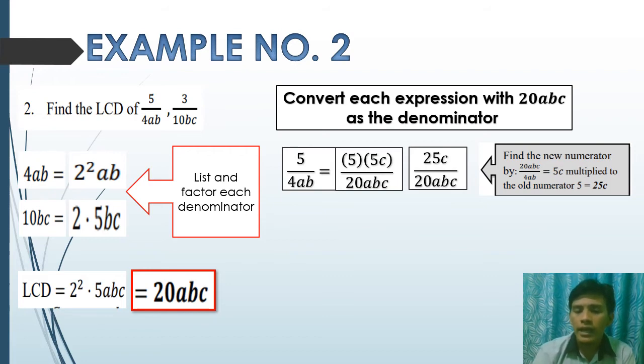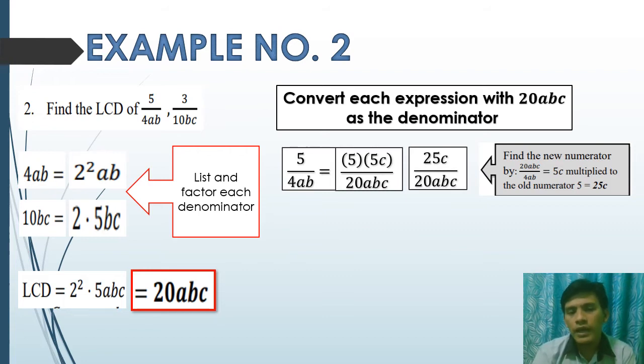A divided by a is equal to 1, and it will be cancelled out. B divided by b is equal to 1, and cancels out. C will remain because there's no like term for c. So the result is 5c.